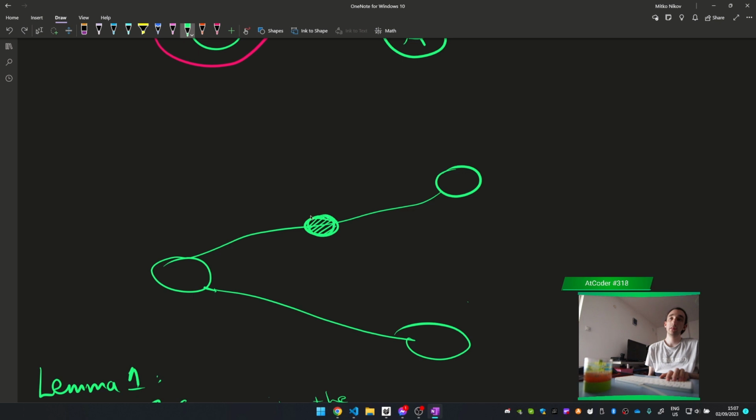So let's assume that each vertex has two edges going out, one in some direction and one in some other direction or multiple directions.